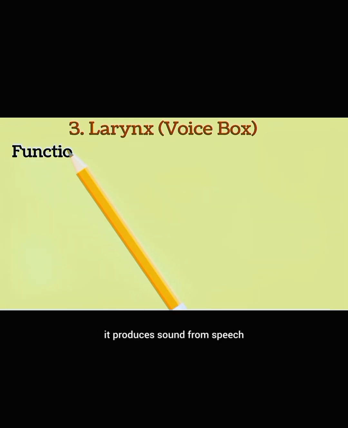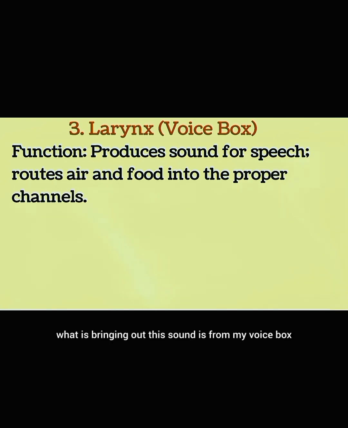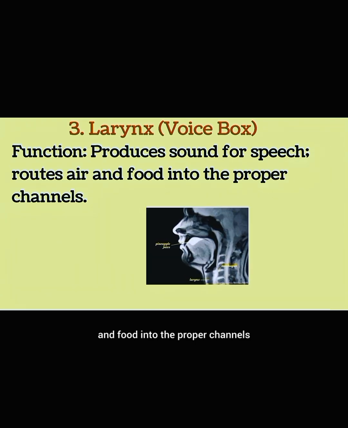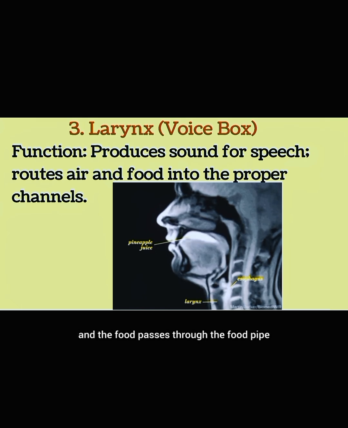It produces sound for speech. As you can see me talking, what is bringing out this sound is my voice box. It also routes air and food into the proper channels, that is, the air goes through the right channel and the food passes through the food pipe.